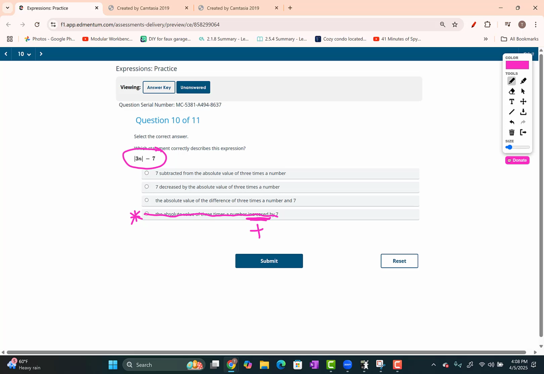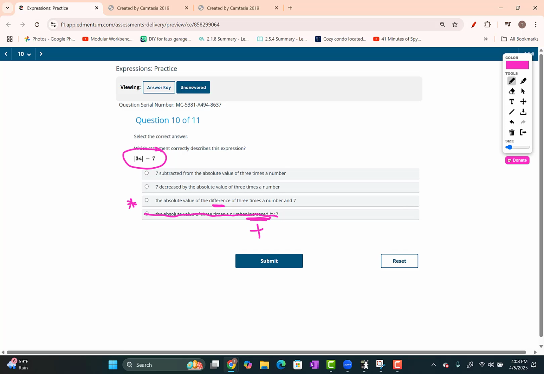All right, the choice just above that, the absolute value of the difference. Now, difference does mean subtraction. So the absolute value of the difference of 3 times a number and 7.